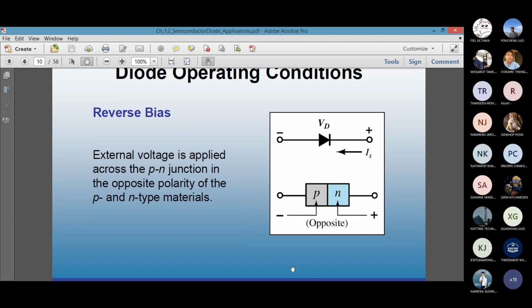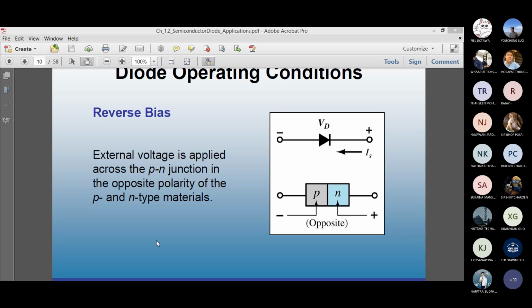My next question will be for number 1. What is the majority carrier in the N-type material? There are two types of carriers, electrons and holes.